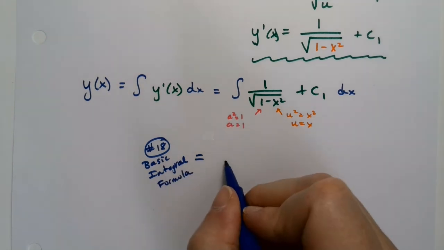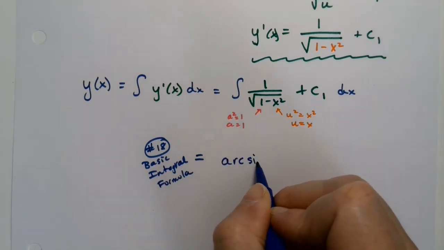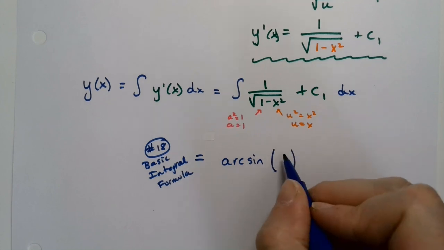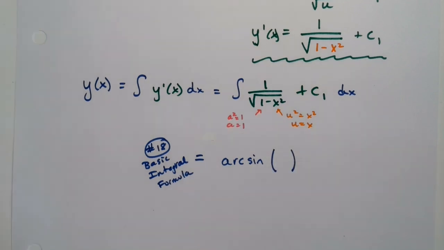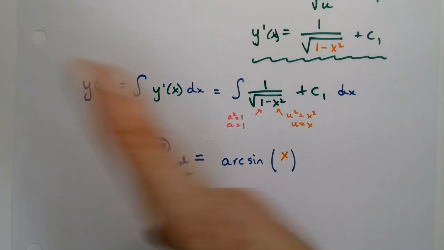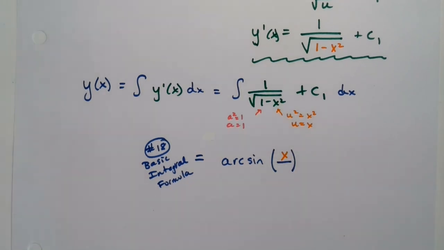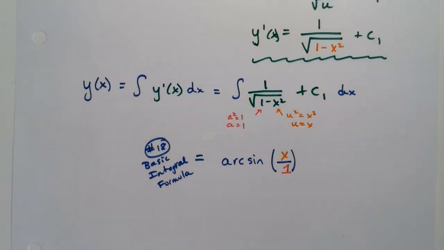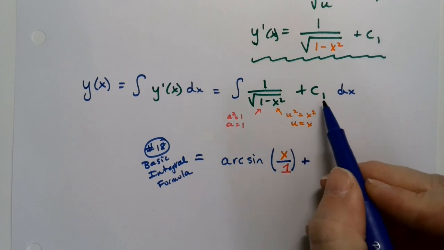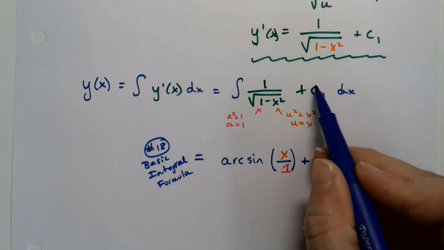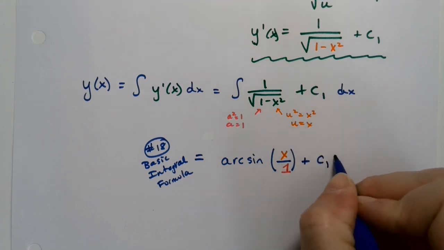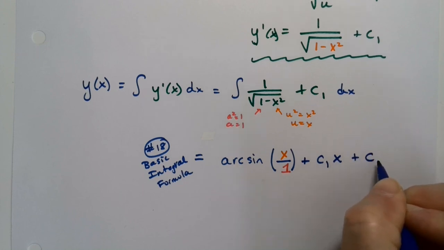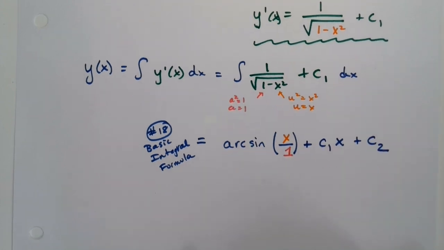This is equal to the arc sine of u over a, so that would be x divided by 1, plus now the integral of this would be C1 x, that's a constant, so C1 times x, plus now a new integral constant C2.